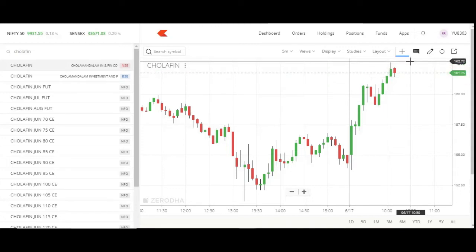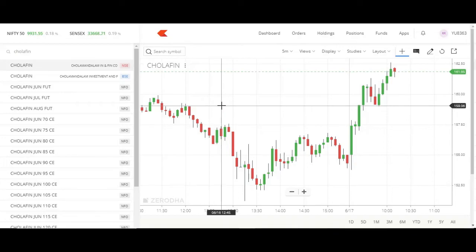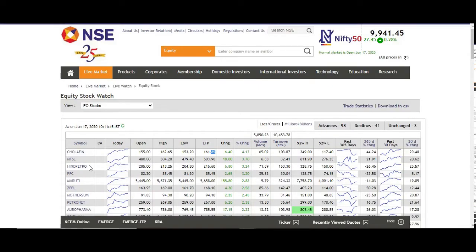So place the buy order at the level of 162.70, since 162.65 is the high price of Chola Finance for this day.